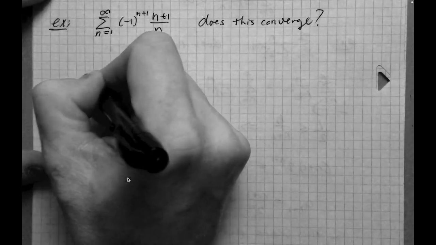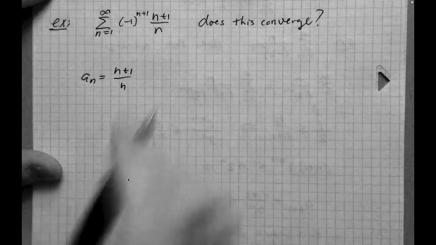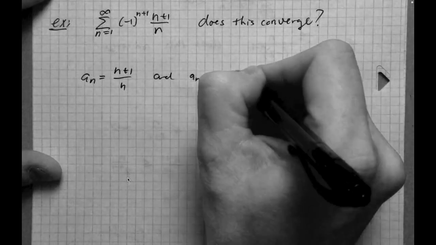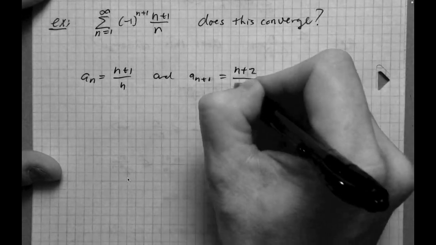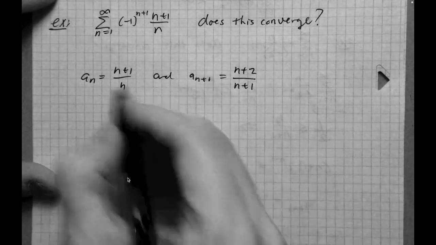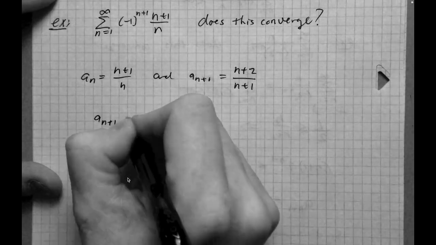So a of n is equal to n plus 1 over n, and a of n plus 1 then would be n plus 2 over n plus 1. Okay. So it turns out that this does meet the criteria, right?